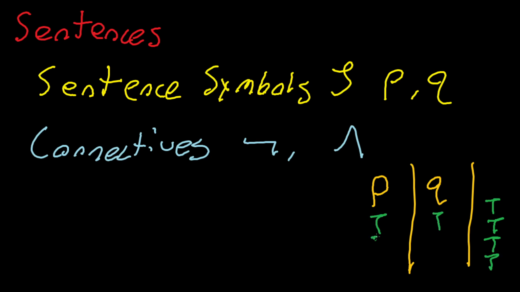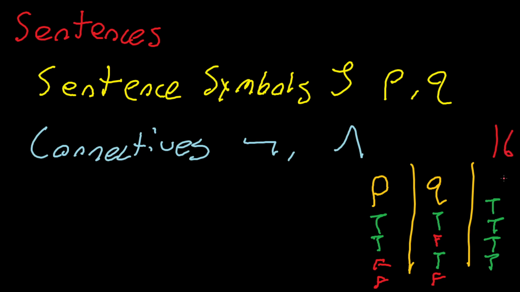I'll write this out just for the sake of understanding. So the point is, there are different combinations of whether P and Q could be true or false, and all of these could be either true or false. So that gives us 16 different possible connectives.